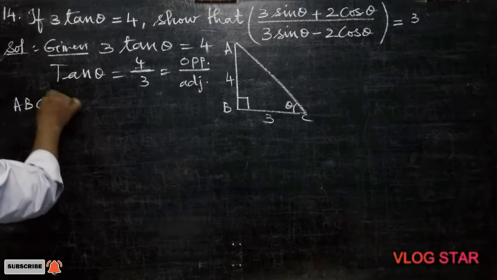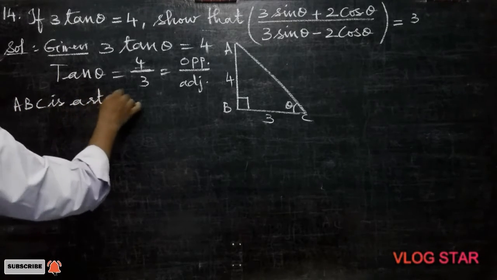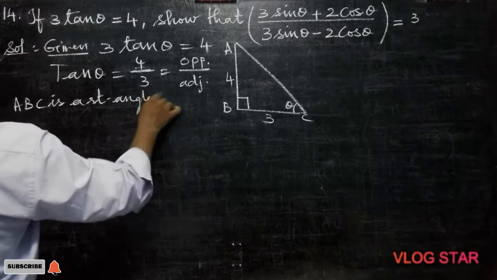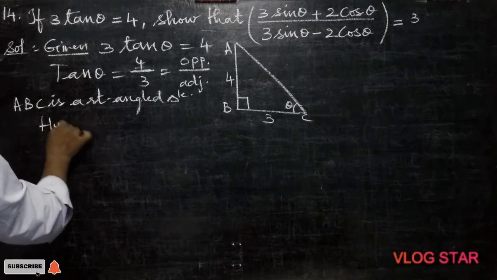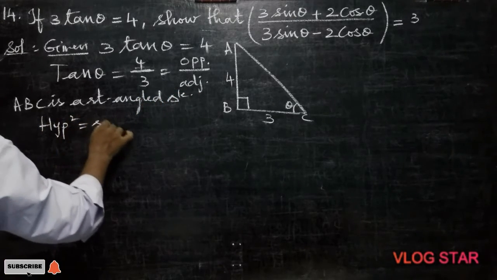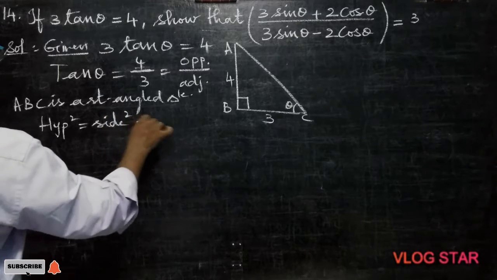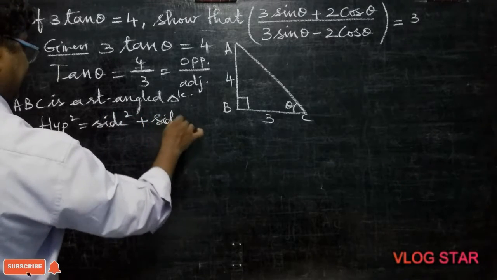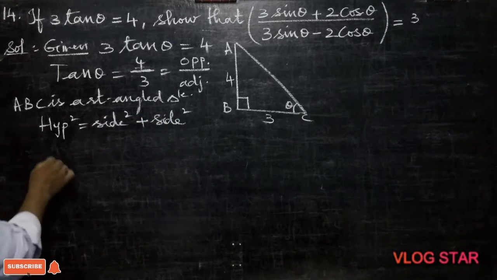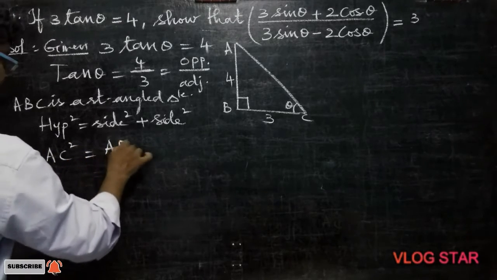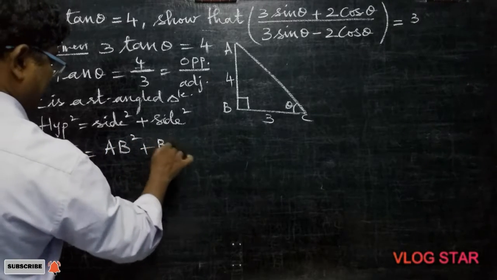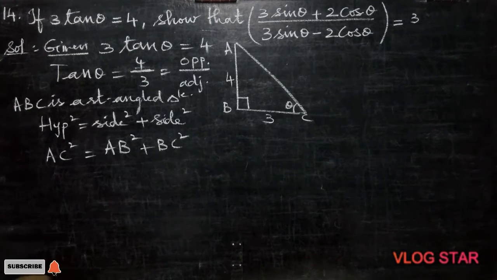Now, ABC is a right angled triangle. Hypotenuse square is equal to side square plus side square. So AC square is equal to AB square plus BC square.